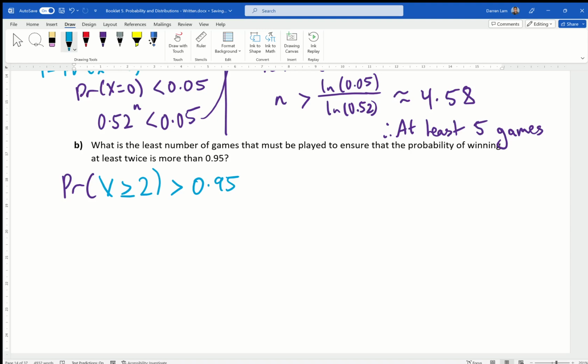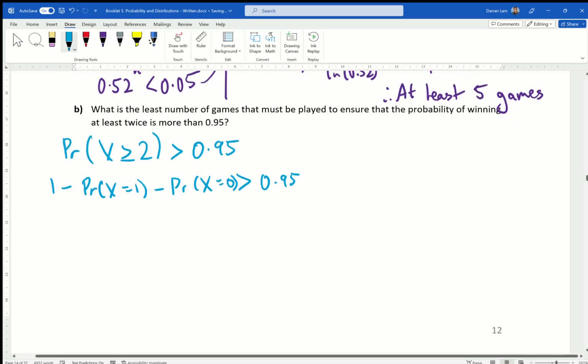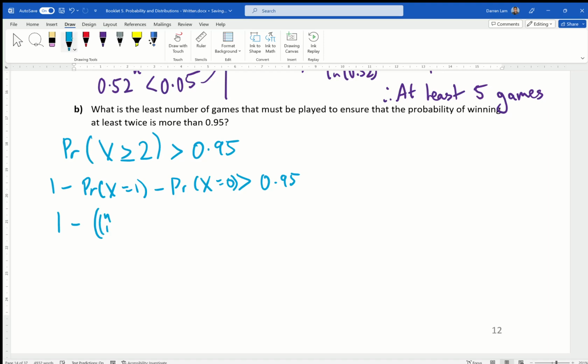We can do the same thing as before. We can say 1 minus the probability of x being equal to 1 minus the probability of x being equal to 0 is greater than 0.95. That is the same as before. I can use the binomial formula from prior and say 1 minus n times 0.48 to the power of 1 times 0.52 to the power of n minus 1.